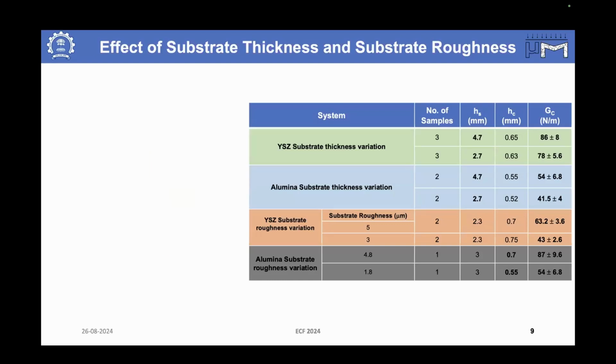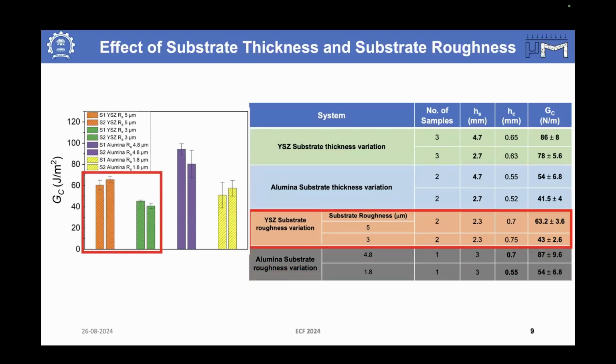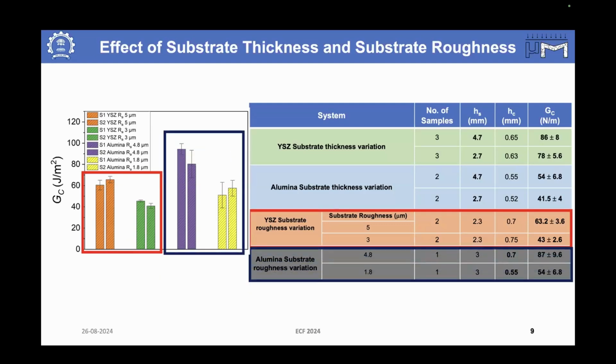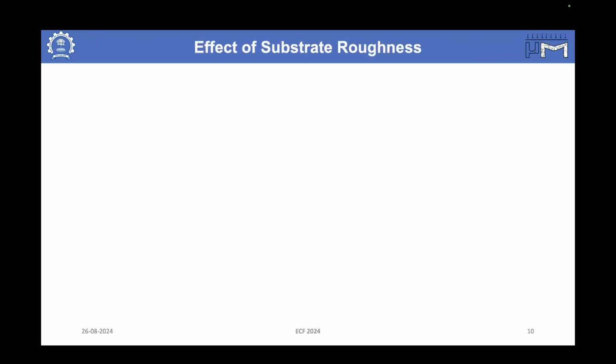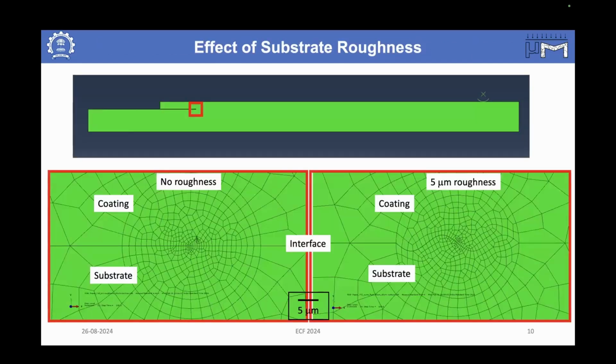But the same is not true for the substrate roughness. When the substrate roughness increases, you can see that there is a very sudden change in the interface toughness values. To understand the reasons behind it, a simulation has been done. This is for the no roughness simulation, and this one is for the 5-micron surface roughness.